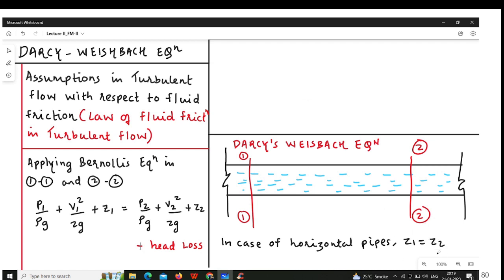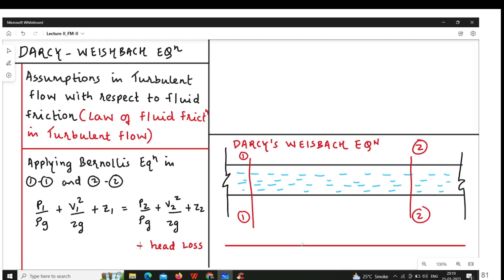So in case of horizontal pipe, whatever datum you will assume, Z1 will be equal to Z2. You have to consider center of the pipe at section 1 and center of the pipe at section 2. So this will be the Z1 and this will be Z2.